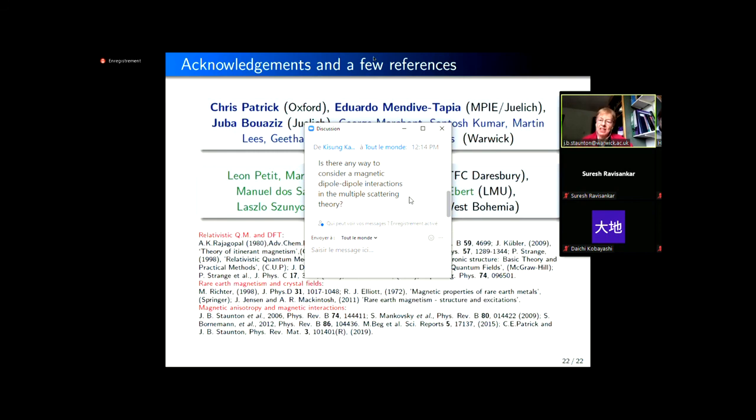You'll see that for one of the higher L components, it's the same as the dipole-dipole interaction you need. So basically, you can thieve from a scattering theory code to get the pieces you need for the dipole-dipole interactions.